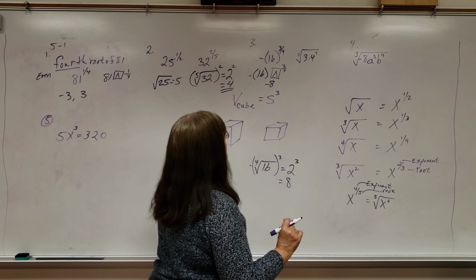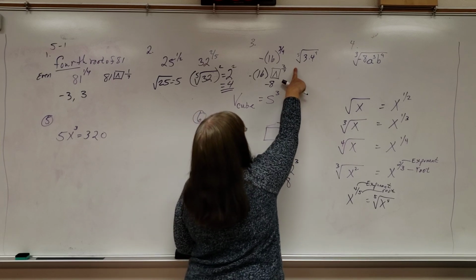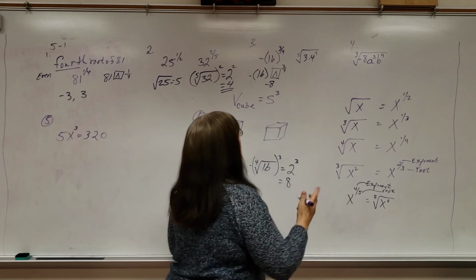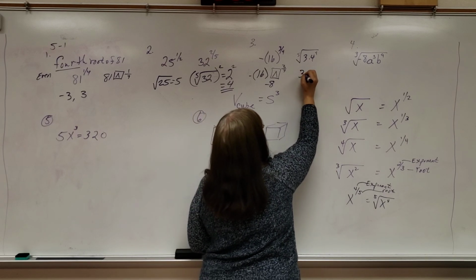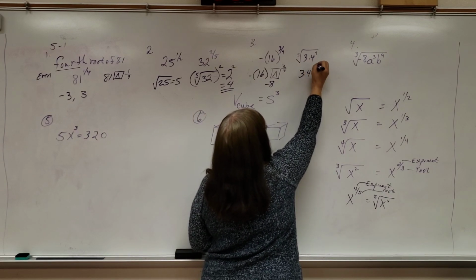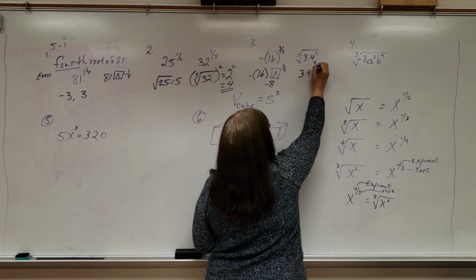All right, next. The 5th root of 3.4 to the 4th, again, we're going to rewrite this as 3.4 to the 4/5.